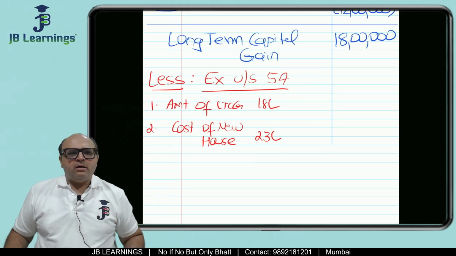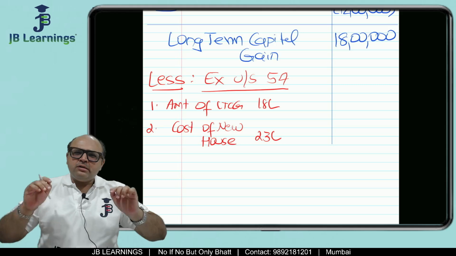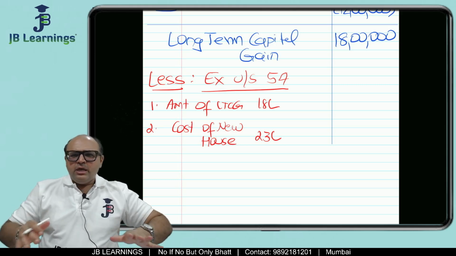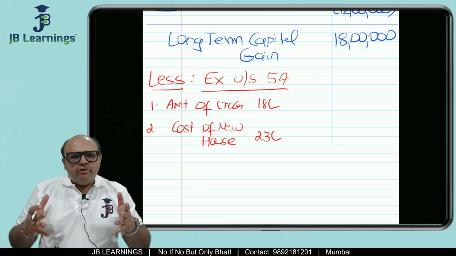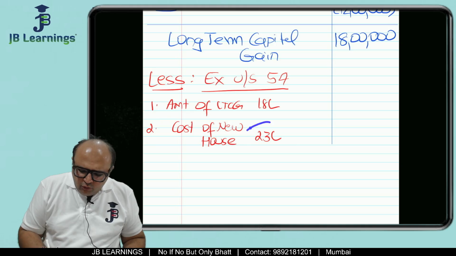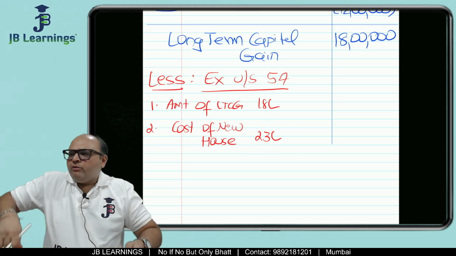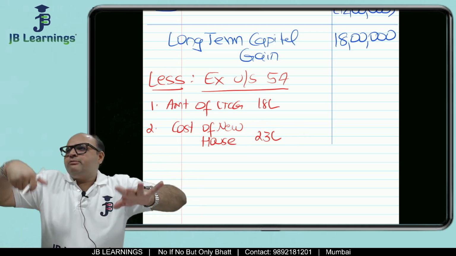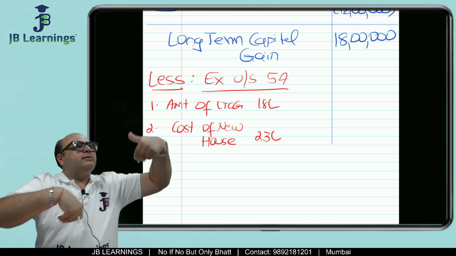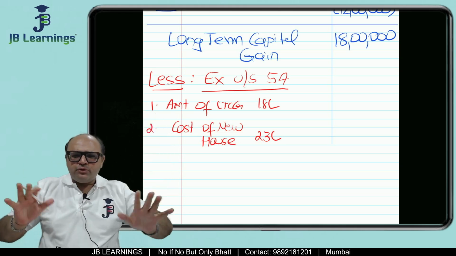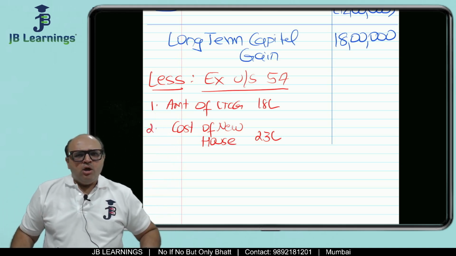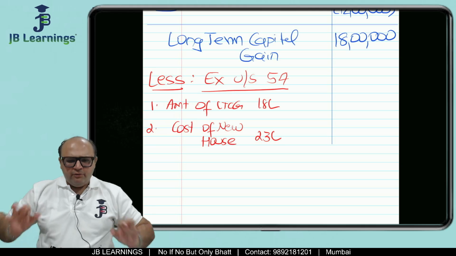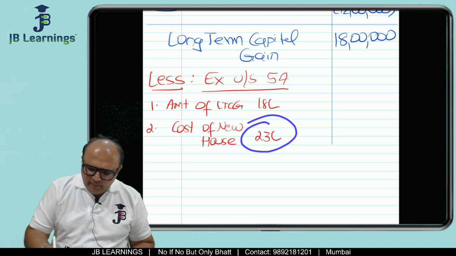That doesn't matter. The source of the funds doesn't matter in exemption. If you have bought a new house, it is not important whether you bought it from your own money, or from loan money, or borrowed money, or jewelry money. All that doesn't matter. The source of the funds is not important, friends. What is important is that you have bought a new house within the time limit. If you have bought, you will get the exemption.